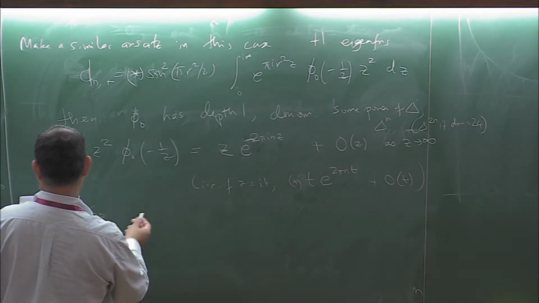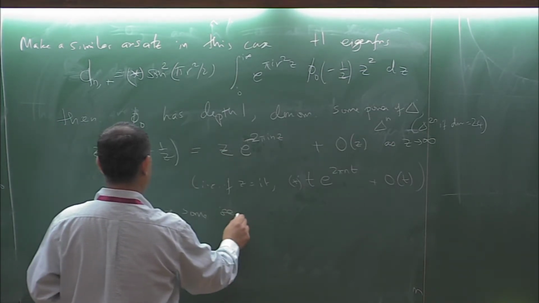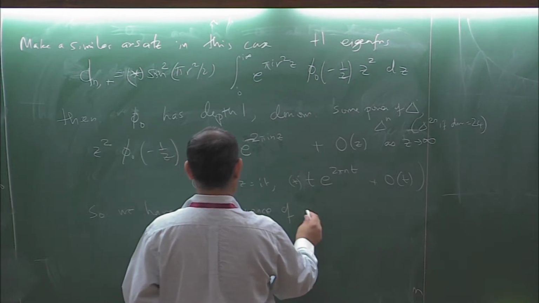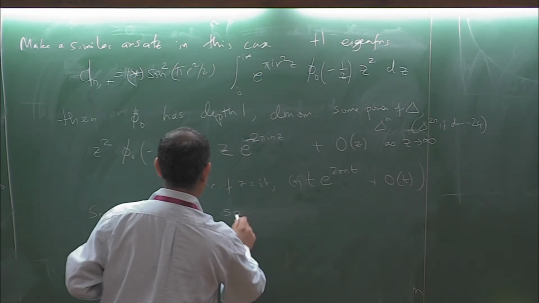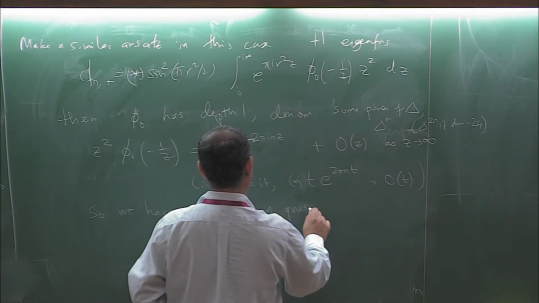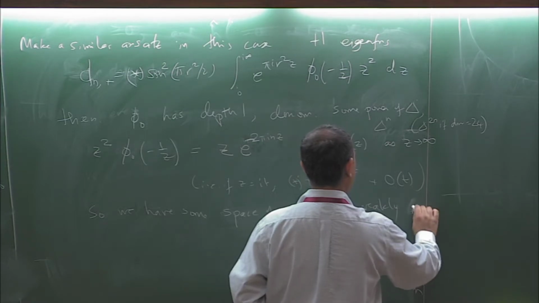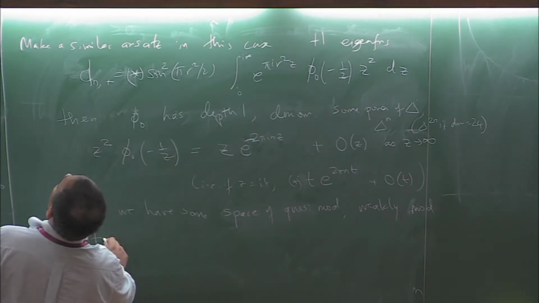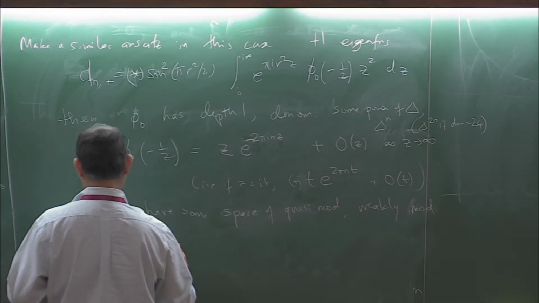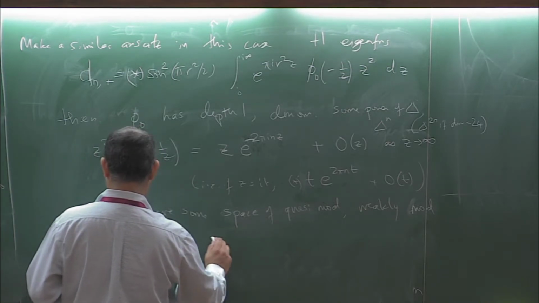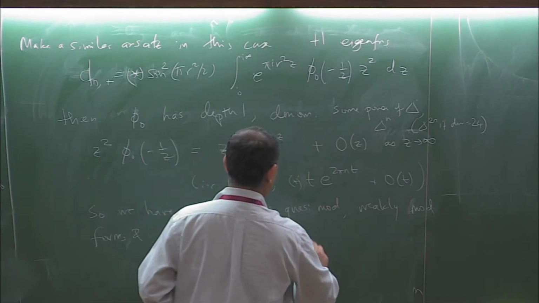So we have some space of quasi-modular forms, weakly modular, which just means there are deltas in the denominator. And we impose linear conditions on the Q expansion.